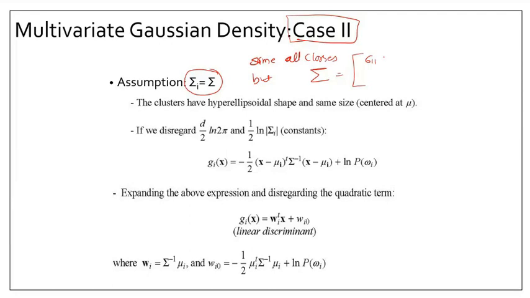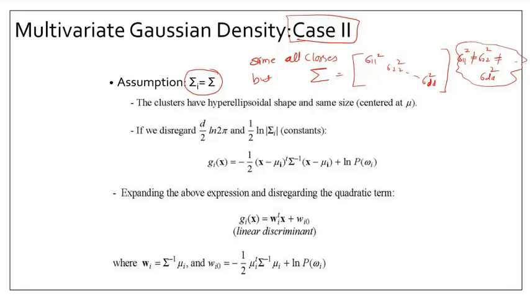So we have sigma 1 square, sigma 2 square on the diagonal. Off-diagonal elements are still 0, but the diagonal elements are not the same. So sigma 1 square is not equal to sigma 2 square, not equal to sigma dd square. Earlier in case 1, these were also the same.